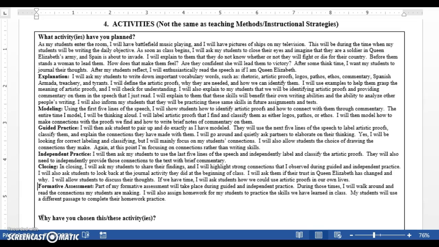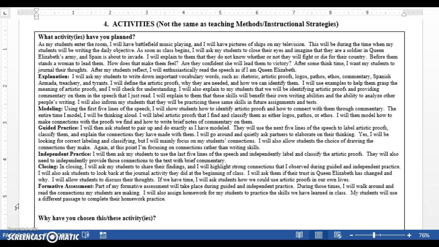For closing, I'll ask my students to share their findings, and I want to highlight some of the strong connections that I observed while I was walking around during guided and independent practice. I also want my students to go back to the beginning of the lesson, look back at the journal activity that they wrote at the beginning of class, and I want them to see how their trust in Queen Elizabeth was at the beginning of class and how it is now.